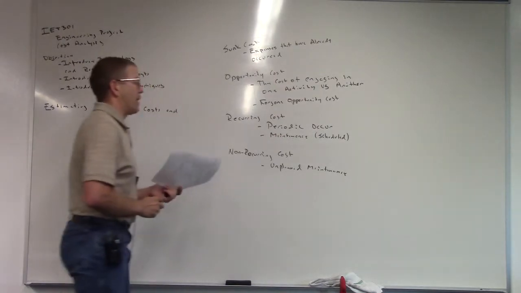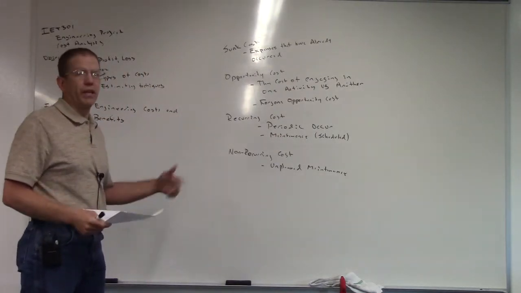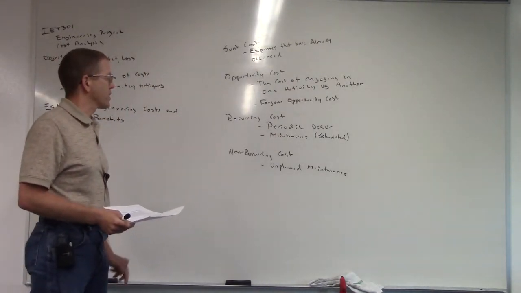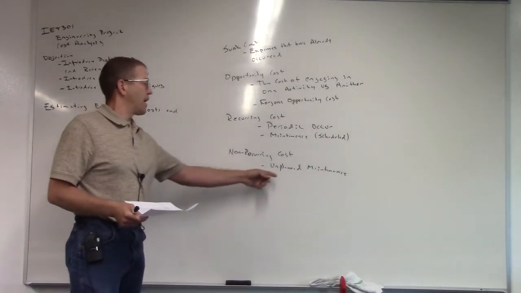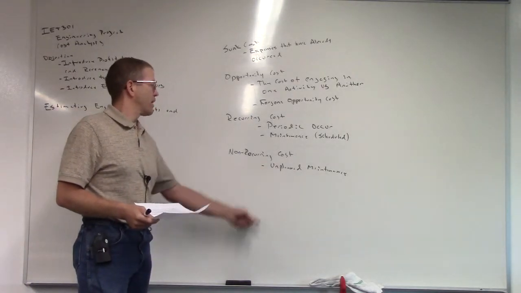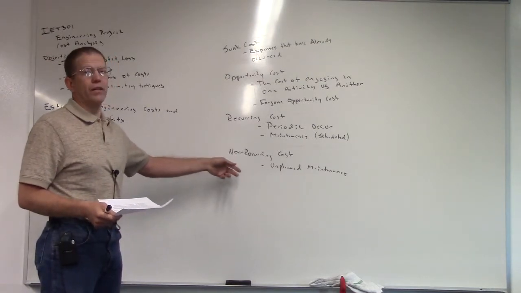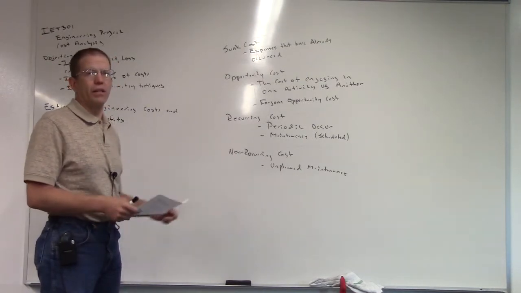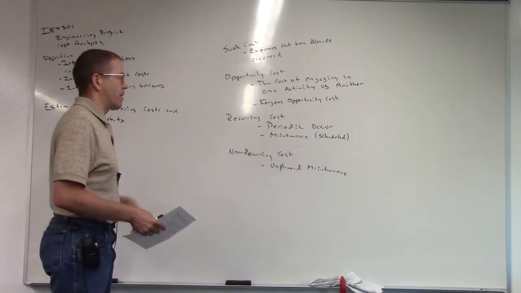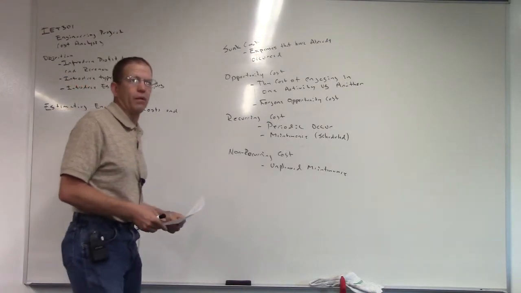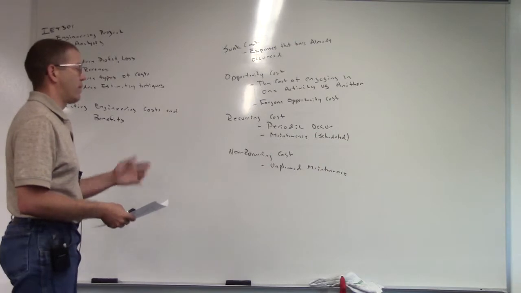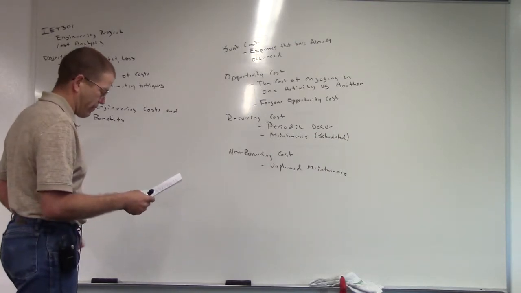Along with that unplanned maintenance, of course, we have a productivity cost as well. So anytime we have maintenance that is unplanned, when determining the non-recurring costs, we should also determine how much cost was associated with the lost productivity, or of the productivity that was impacted.